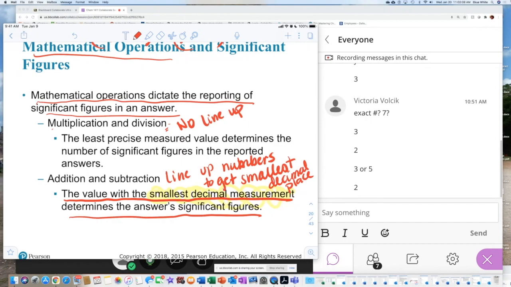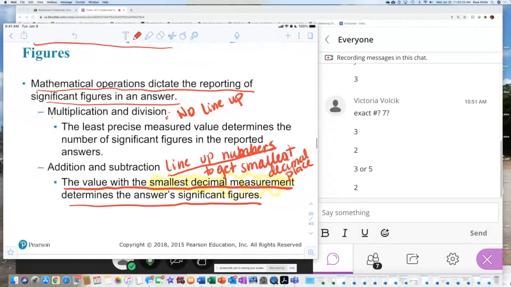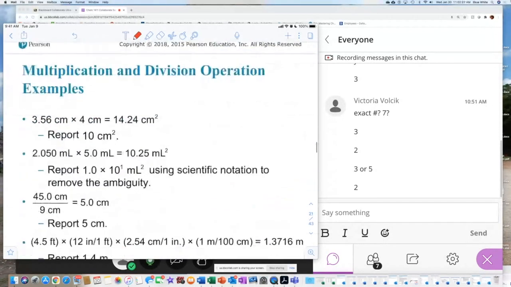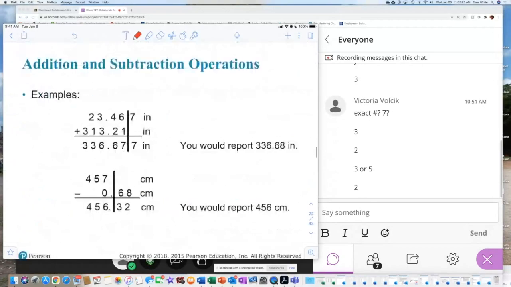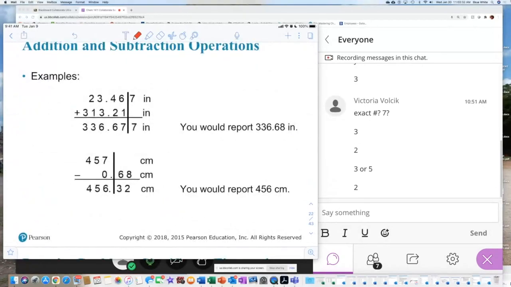So once I learned the lineup method, I was like, I am going to be lining up from here on. When you line up, it mentally tells your brain you're doing something different on purpose. So you line up your numbers, get the smallest decimal place, and then you use that to figure out your answer. So we'll go with that first, and then we'll come back with the multiply and divide. So let me see. I'll skip this page, come back to it, go to the line up.